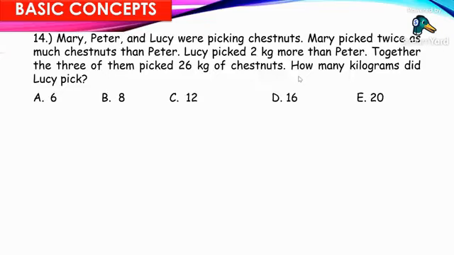How many kilograms did Lucy pick? So we need to have a right representation so that we could identify also the correct answer pagdating sa dulo. Okay, so comment down your answers for problem number 14. Towards the end na tayo, malapit na tayo matapos.